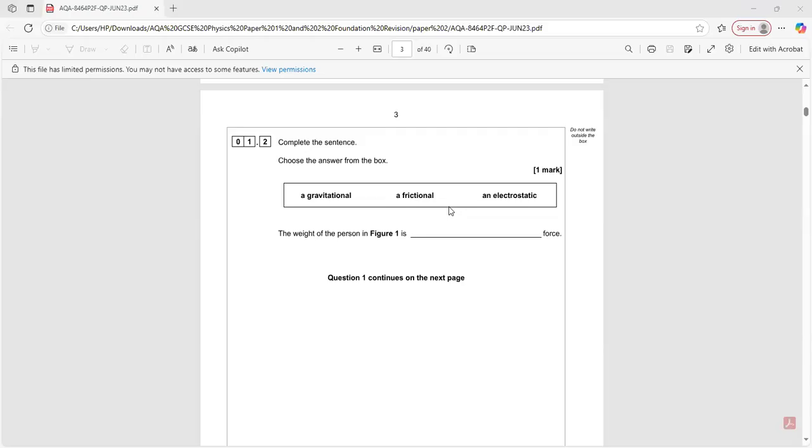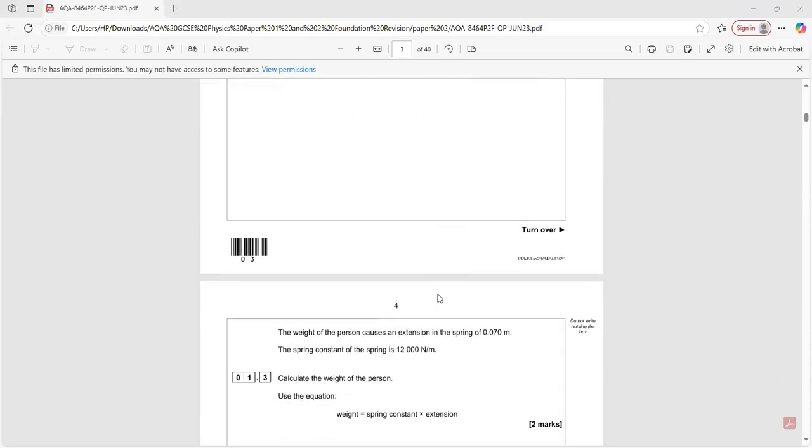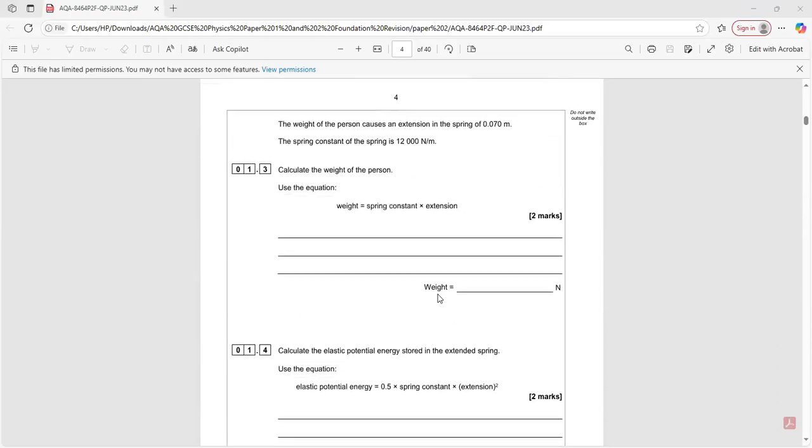In that case, that's viscosity. It's not electrostatic because it doesn't involve static electric charges. So obviously the answer is gravitational. It's a gravitational force, acting in line with gravity. This question seems quite straightforward, but could be challenging too if you're not careful.